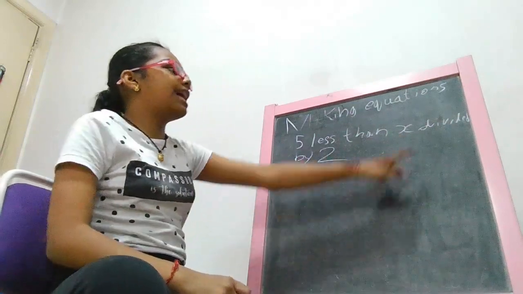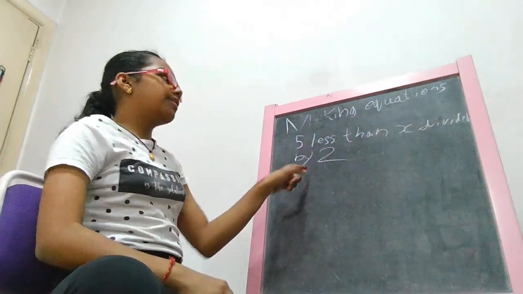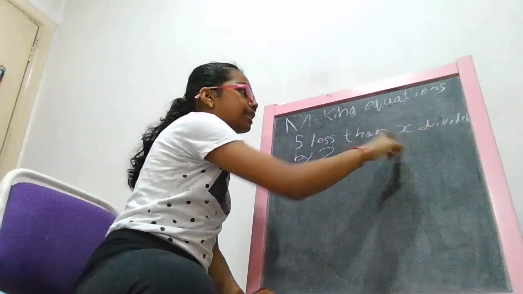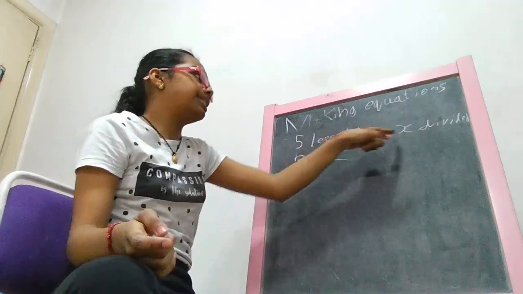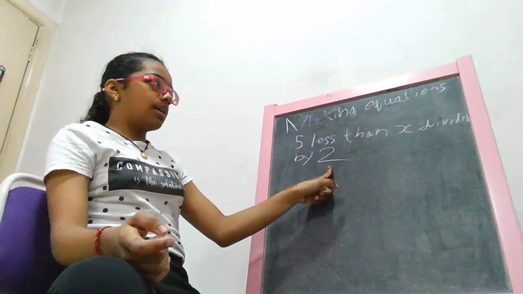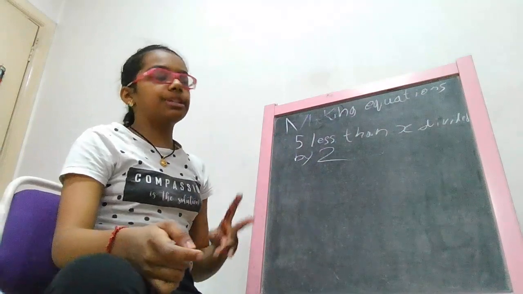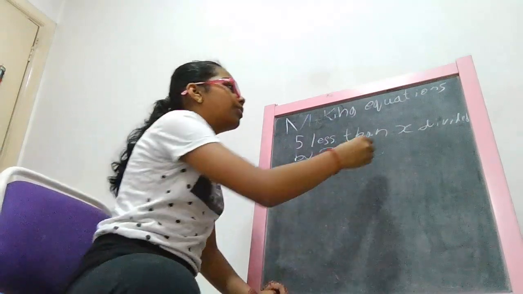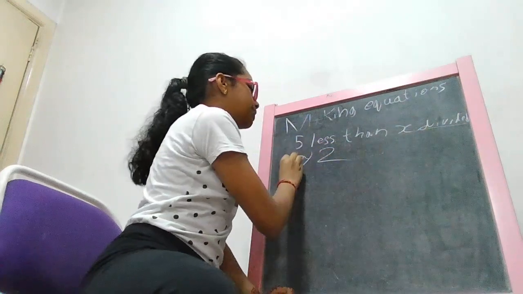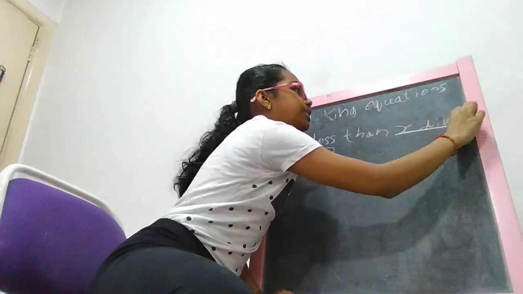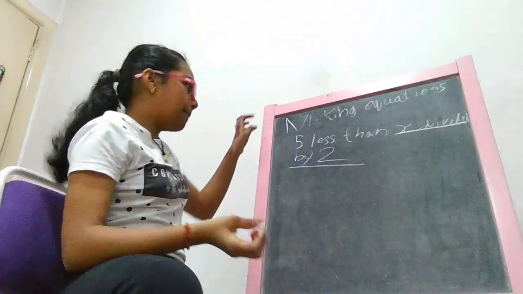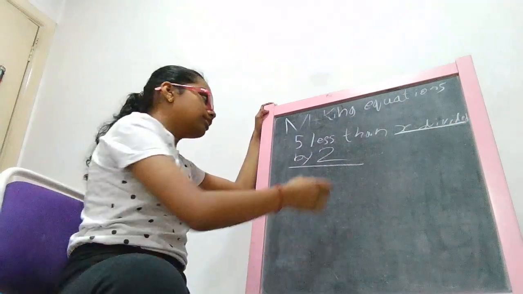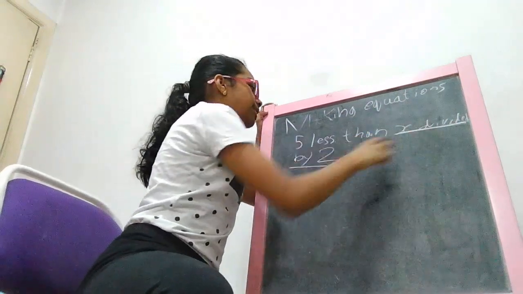So what will come first? X divided by 2. 5 less than x, it could either be shown like this, 5 less than x divided by 2. But since we're using the BODMAS rule, over here we will do this part first. Always use the BODMAS rule. Okay? X divided by 2.